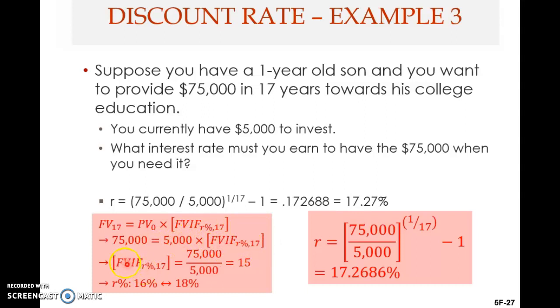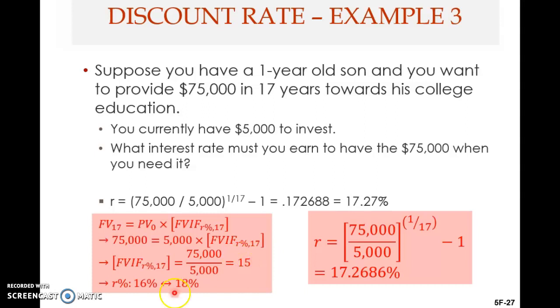So here the future value interest factor, R percent, 17 years must be 75 divided by 5, which is 15. Now what you should do is look for the row, because the number of periods is 17, and you look right across from 1% onwards until the end. Look for the value 15, that is 15.0000 or something close to that.